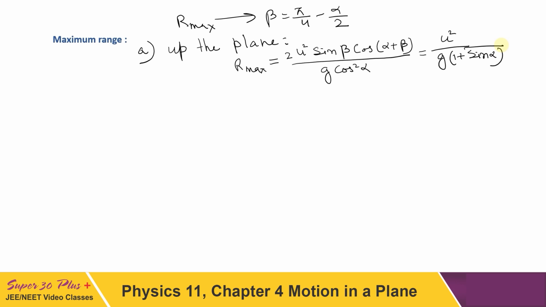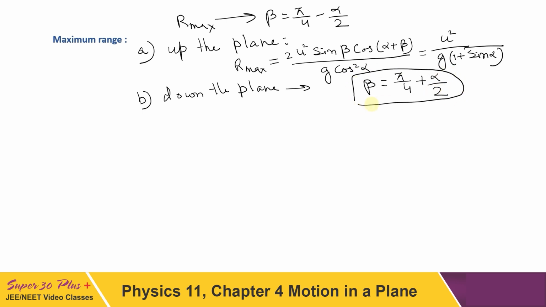Now what if it is thrown down the plane? This time R max will be when β is equal to π/4 + α/2. The condition you can get very easily if you write the equation for the body being projected down the plane, because this time the a_x component will be positive.